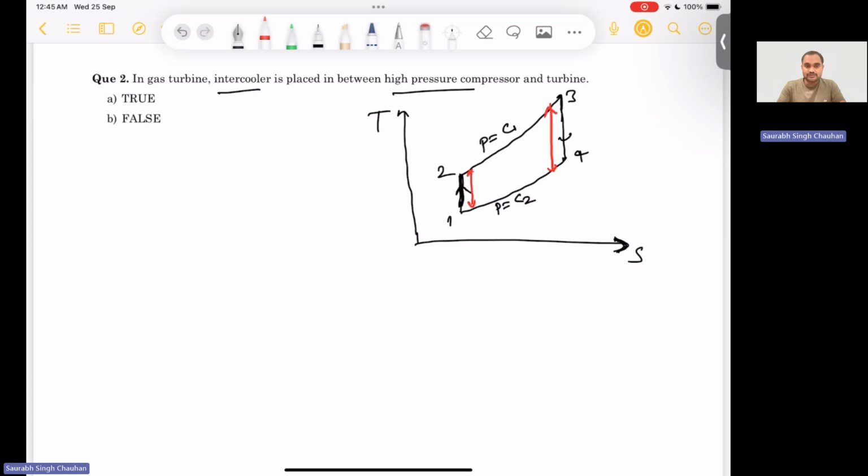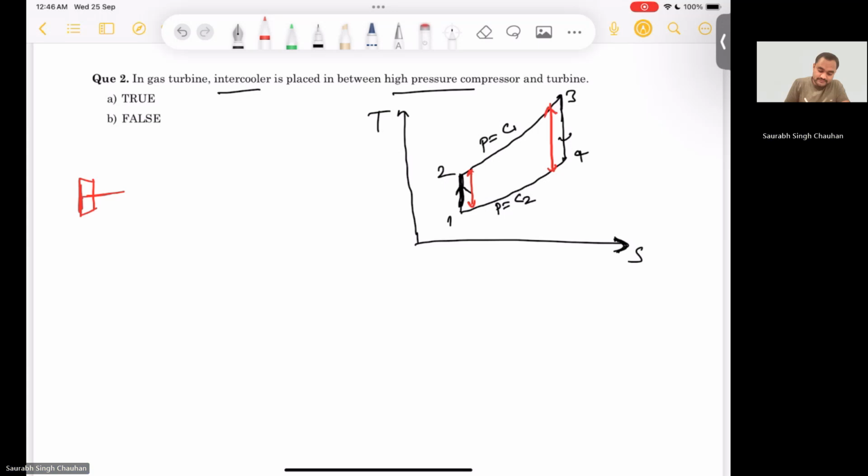So instead of compressing the air in a single stage, what we do is compress it in more than one stage, maybe 2 stages or 3 stages. First we compress it in a compressor that we can call the low pressure compressor.